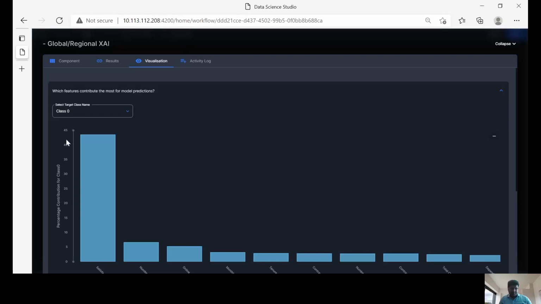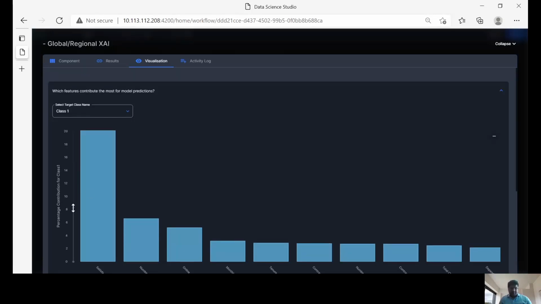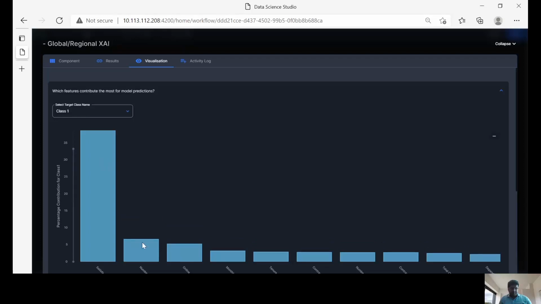Let me select class one, which indicates the customers who are predicted to churn, and we can see variables such as satisfaction score, number of referrals, online security, monthly charges, etc. All these different variables are influencing the prediction of the churn behavior.